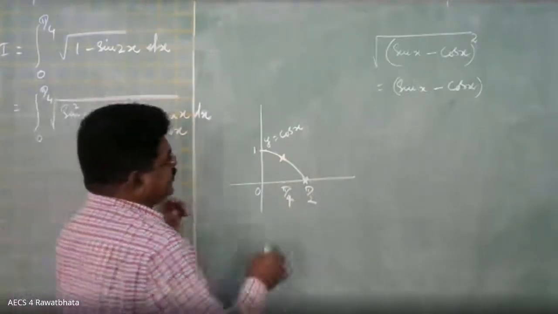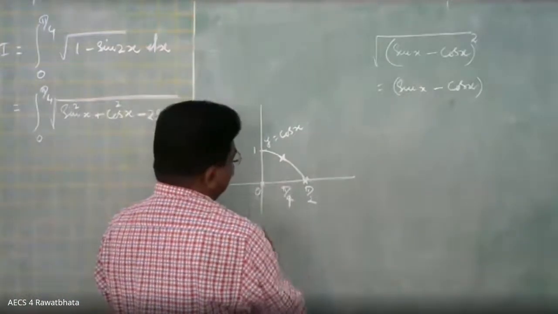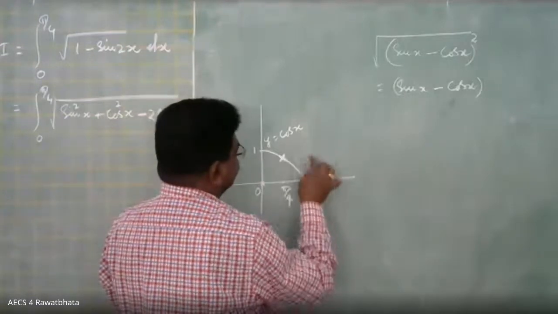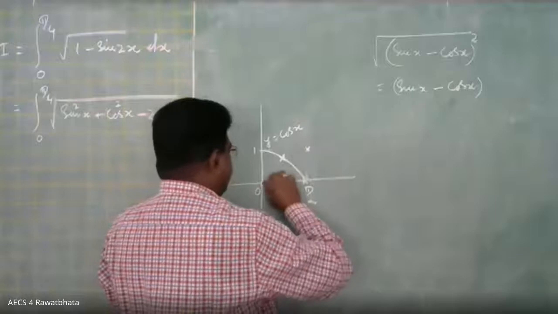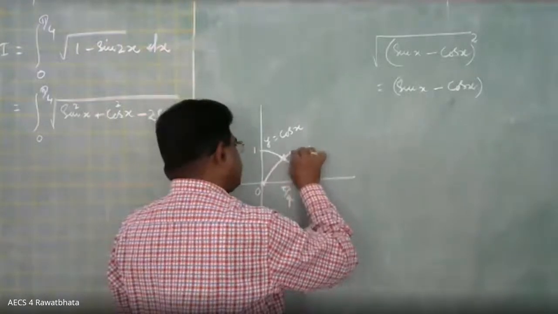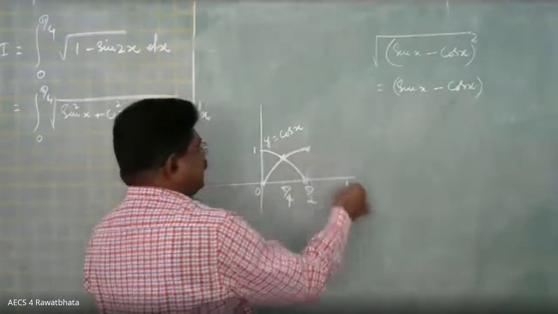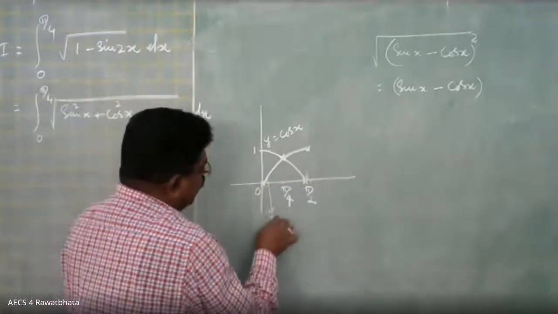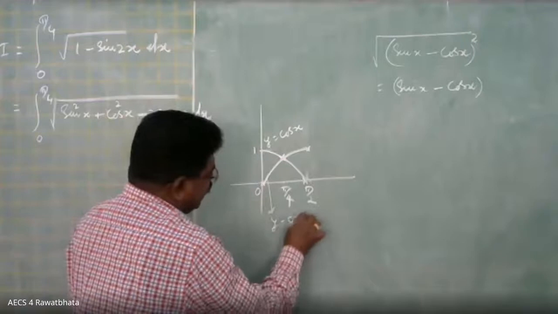Now sin x. Sin 0 is 0, and sin pi by 2 is 1. Now the graph is going on like that. So this one is y is equal to sin x.